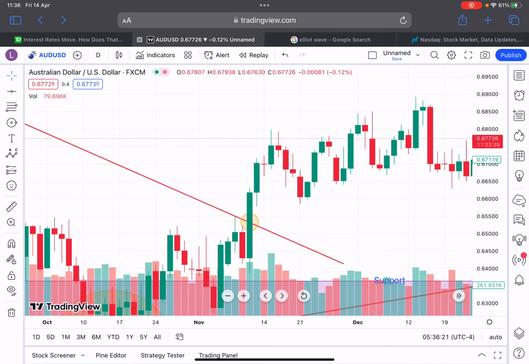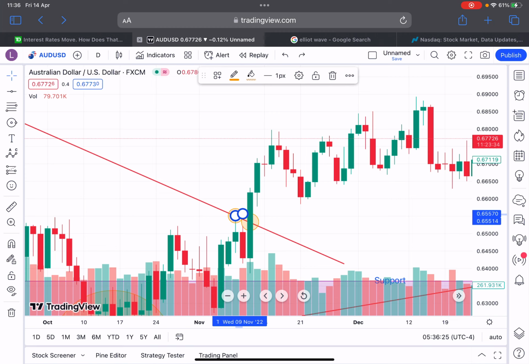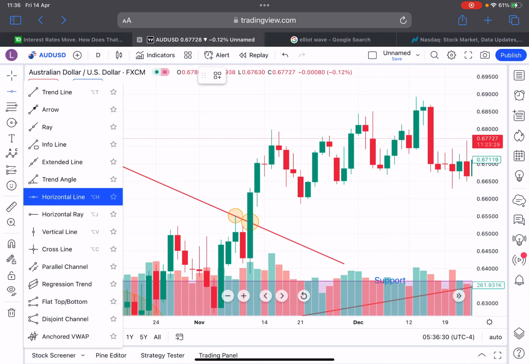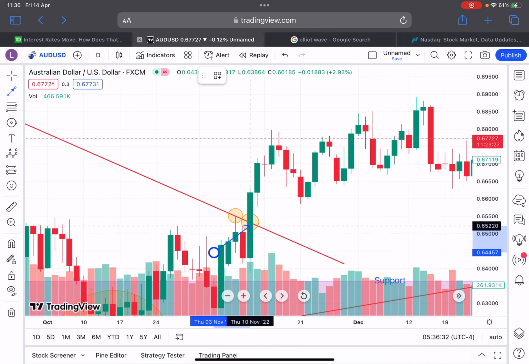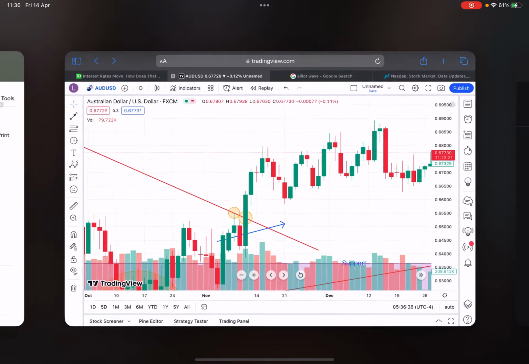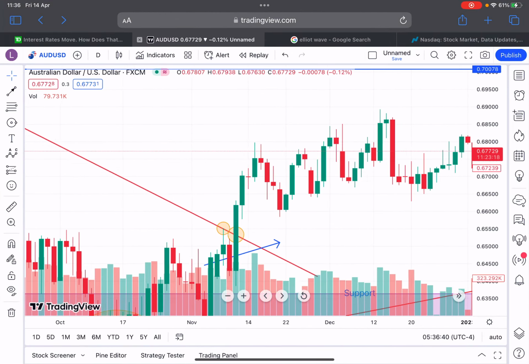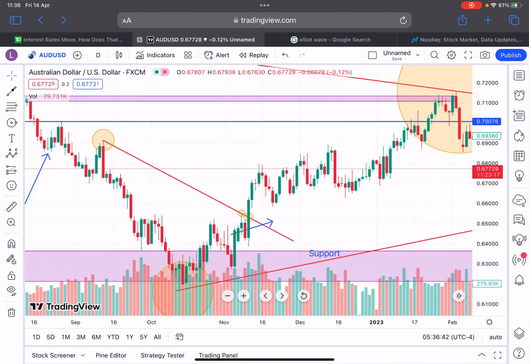Our trend line on touch 3 did cross a candlestick body right here, and the second candlestick was formed outside this trend line. And what happened after was this.